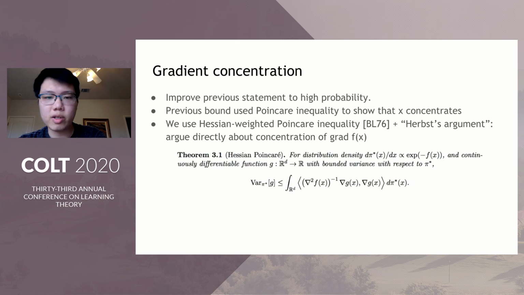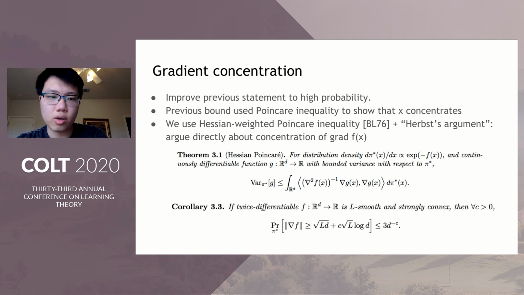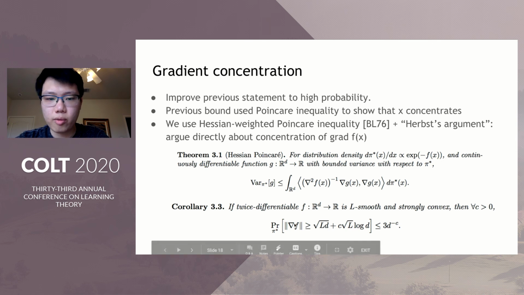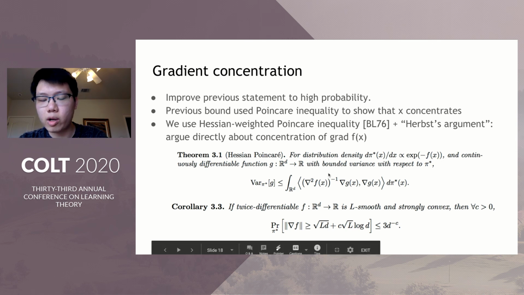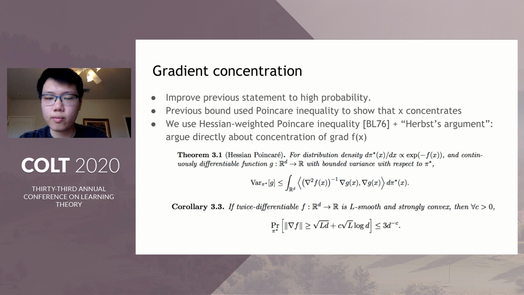And I won't get into too many details here, but the main idea is that we're replacing this naive strong log-concavity bound with a tighter, locally reweighted variant based on the Hessian of the current point. And here is the concentration bound we get. You can see that with high probability, the norm of the gradient is not too much larger than this square root L d factor, which is its expectation.